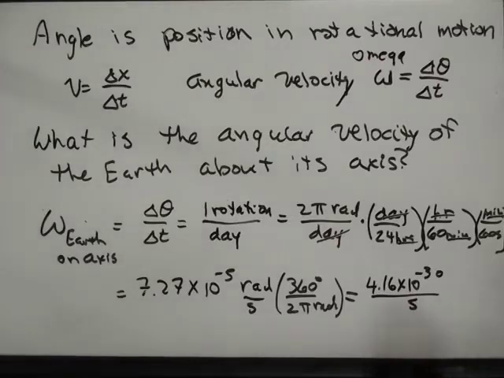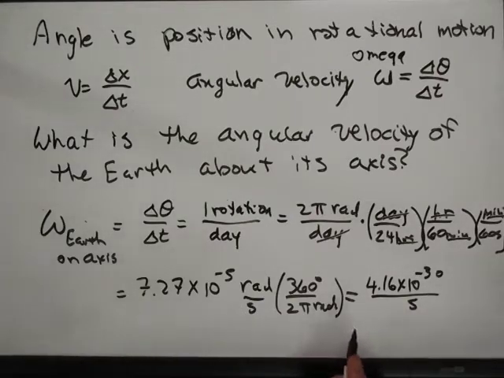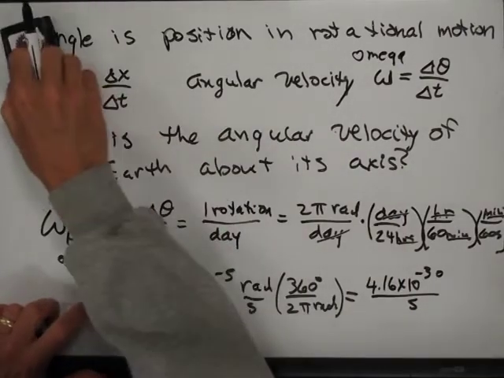So even though the Earth goes all the way around in 24 hours, its angular velocity is pretty small because it takes 24 hours to do 360 degrees.